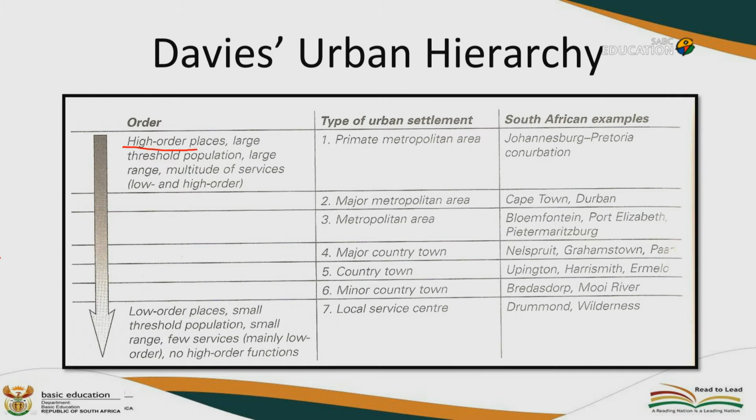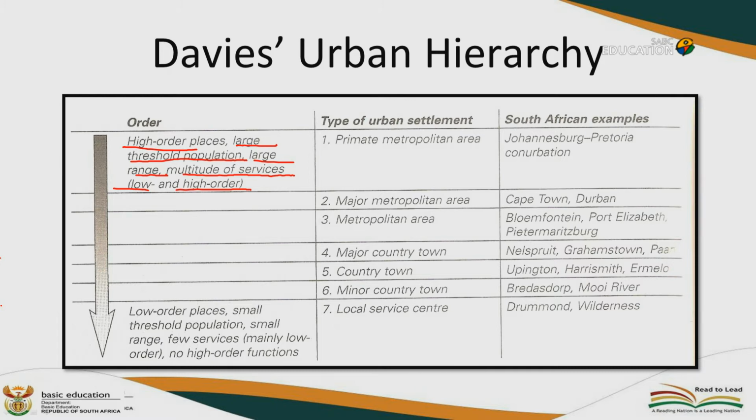So what will be the population? We'll have a large population, a large range, and a multitude of services. But here you get low order and high order services. Why? You can find a big supermarket that is selling those things that you need daily. But when you go that side, you are going to buy a car. But you can also buy those things that you need daily.